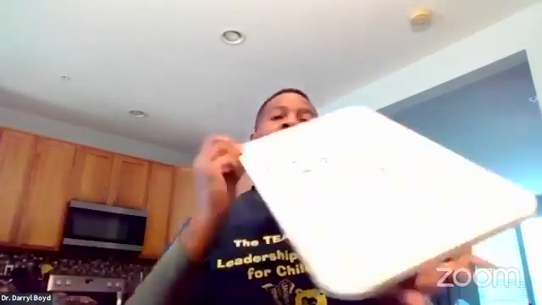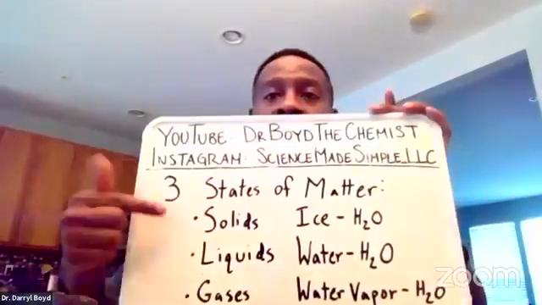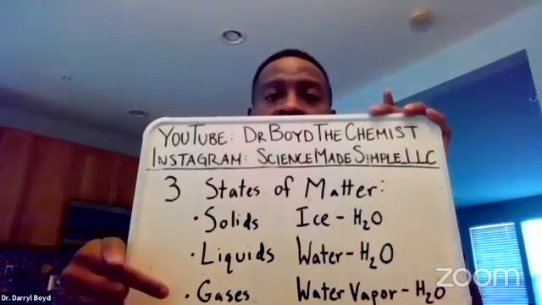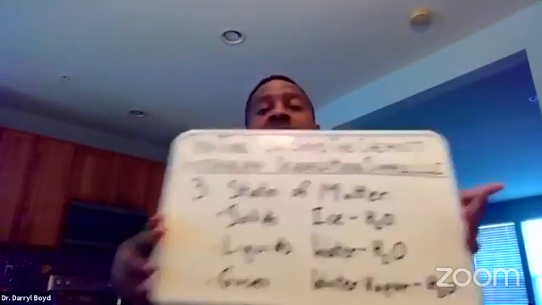Today we're going to learn a lesson about the 3 common states of matter. The 3 common states of matter are solids, liquids, and gases. And we often come in contact with each state of matter all day long.